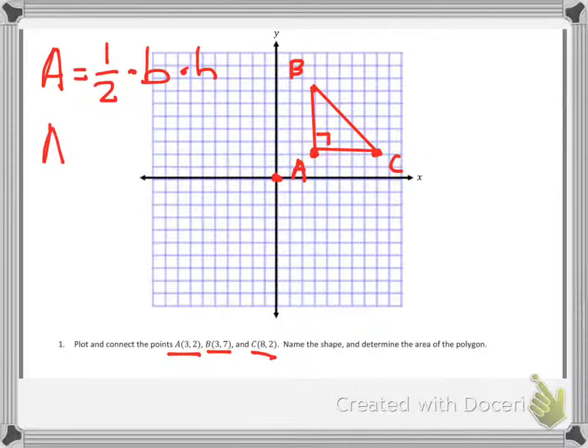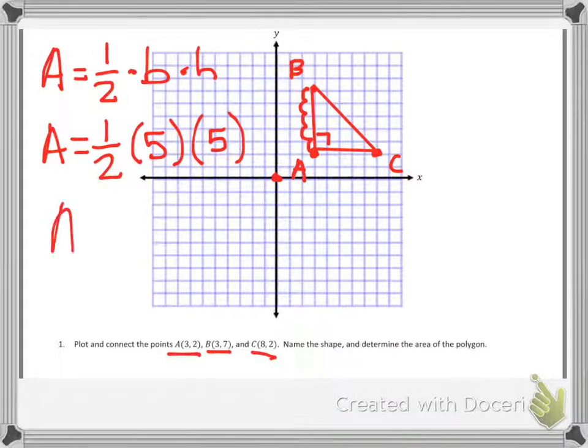So this is area equals 1/2 times 5 times the height, which is 1, 2, 3, 4, 5 as well. So that's 5 units. And then 1/2 of 5 times 5, half of 25 is 12.5. So the area of this triangle is 12.5 square units.